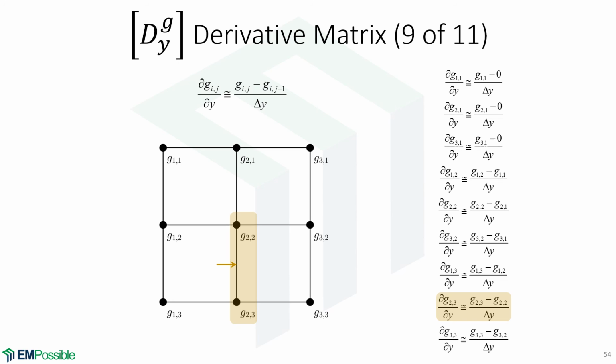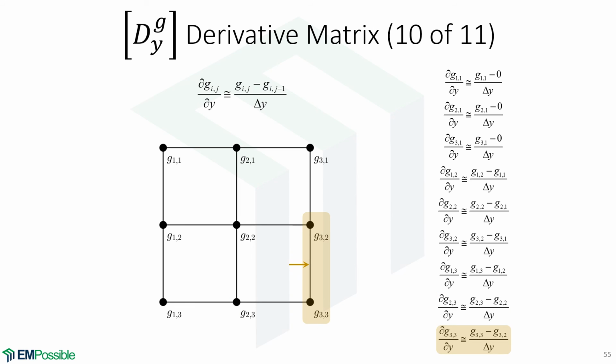Next cell, another easy one, no boundary condition problems. We're evaluating our derivative at the midpoint between G23 and G22. So our finite difference approximation is G23 minus G22 divided by the spacing between them, which is delta y. G23 minus G22 divided by delta y.